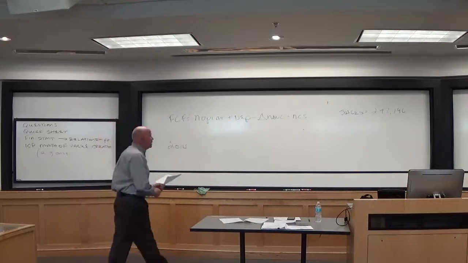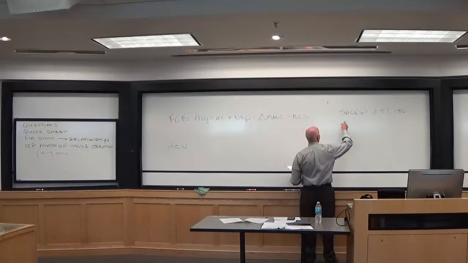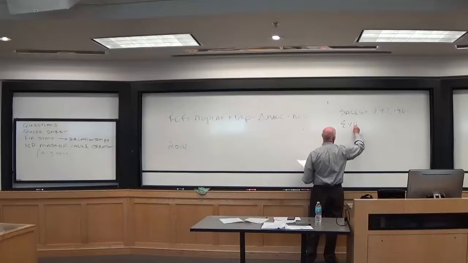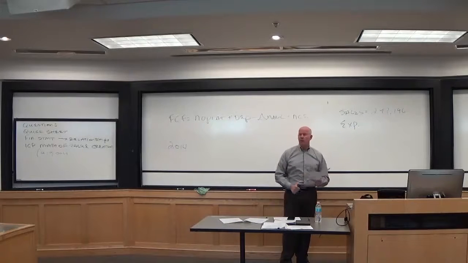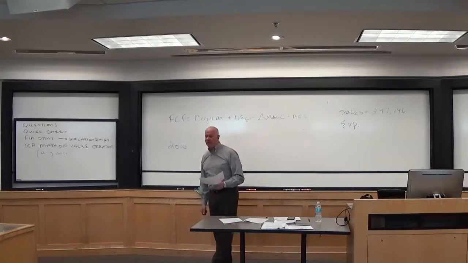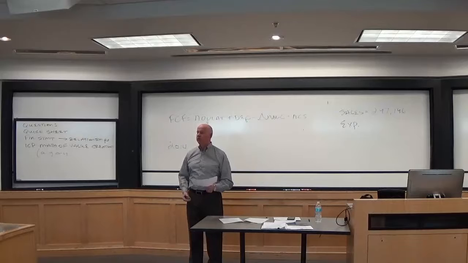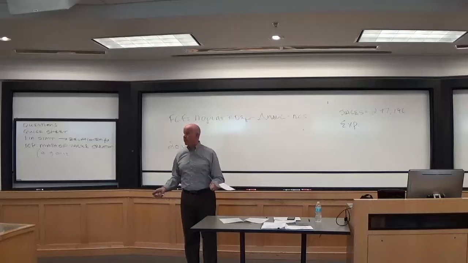Okay, so we have sales at 297,196. We have then expenses, and I'm going to say these are operating expenses, because I think we would agree the cost of goods sold, sales and marketing, administration, and depreciation, which are the four expenses we see, are operating expenses. There's no extraordinary or unusual expenses there, right?